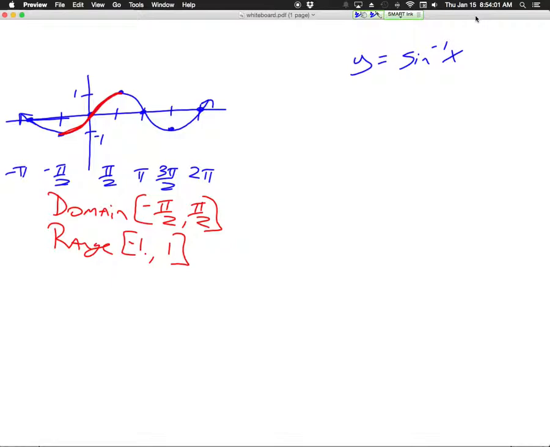What else do I know about it? Exactly. So what is my domain? -1 to 1, and I know my range is what? Negative pi over 2 to pi over 2. Write that down over there in that corner. For inverse sine, write down the domain, and write down the range.